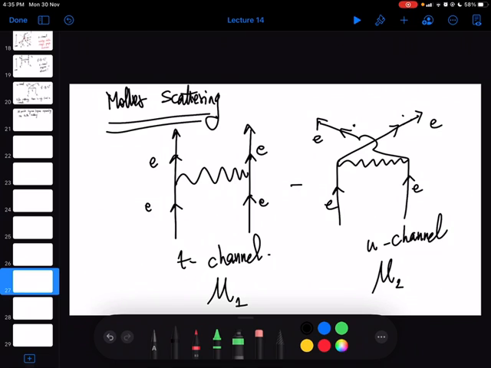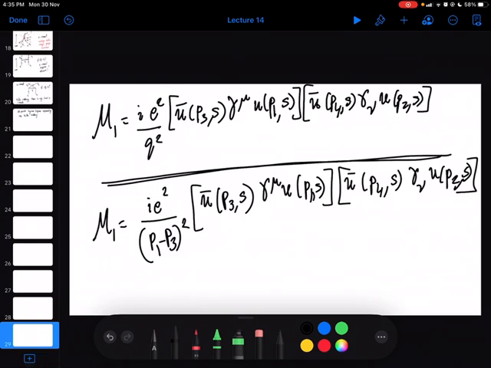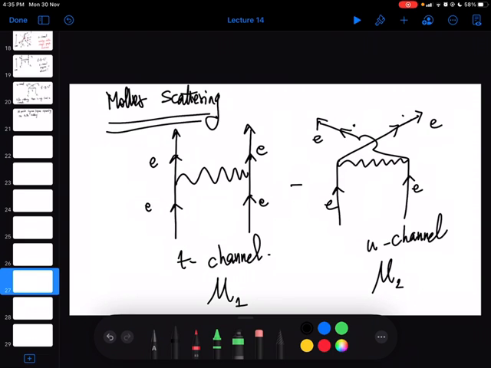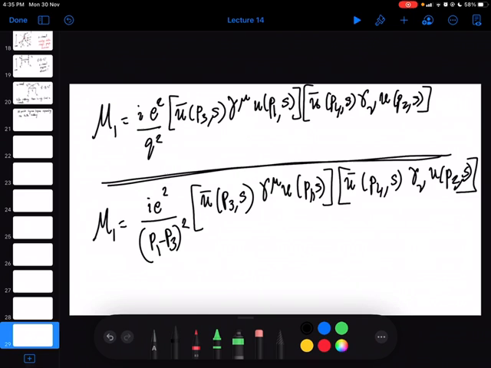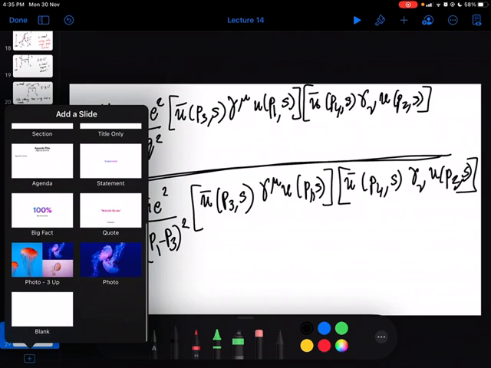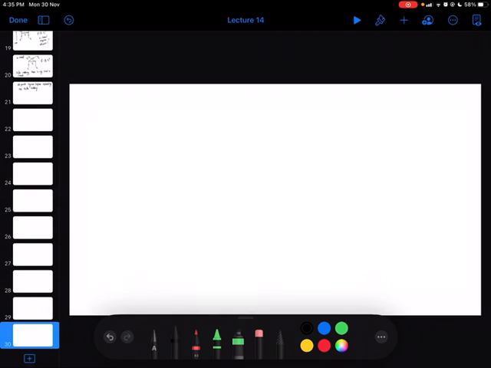It turns out that if you exchange p3 with p4, you'll get back the same thing. So you'll have the second amplitude. For example, the first term would be u bar p4. Let me write it down, so you'll see again what I mean.